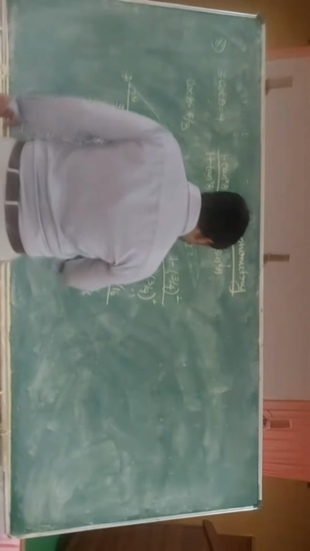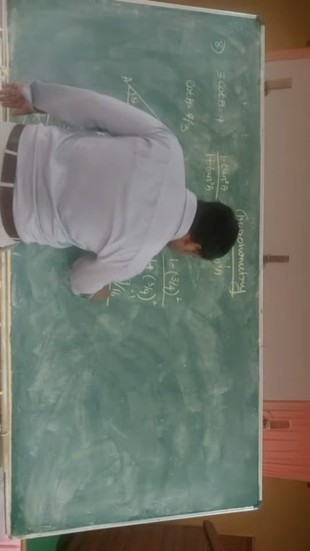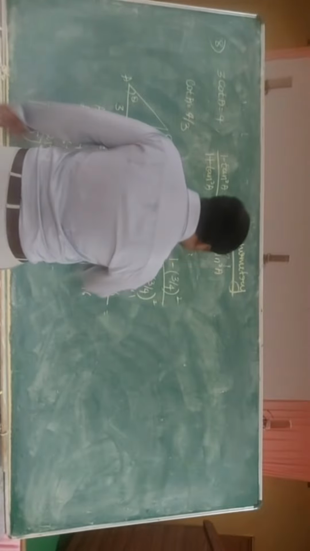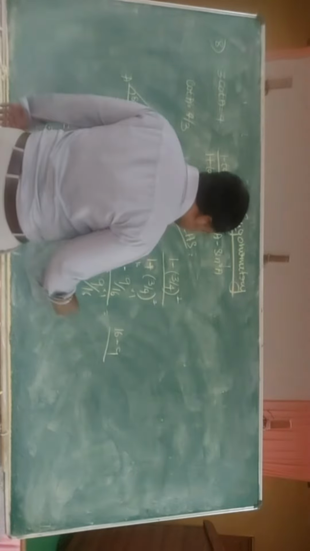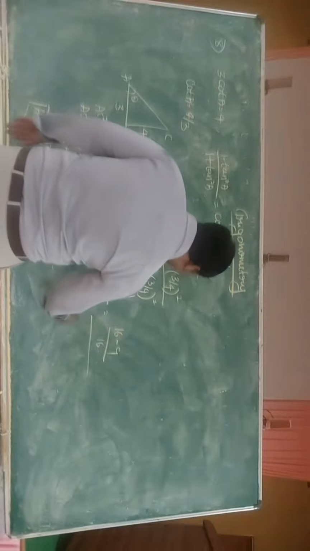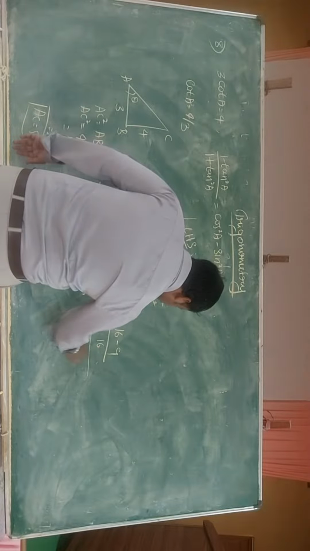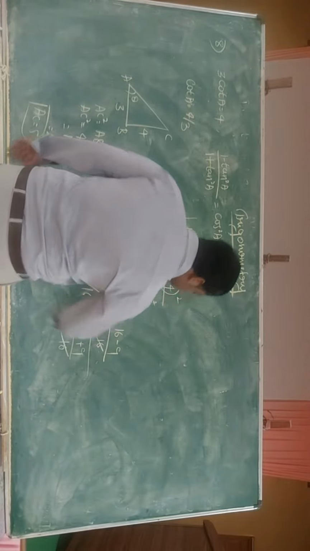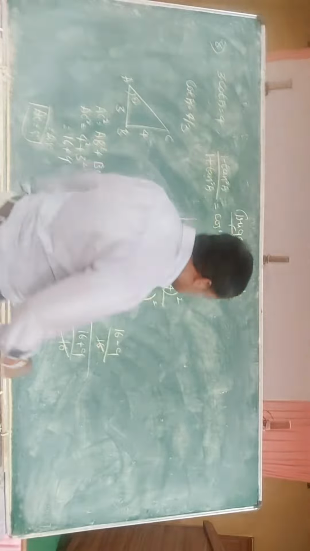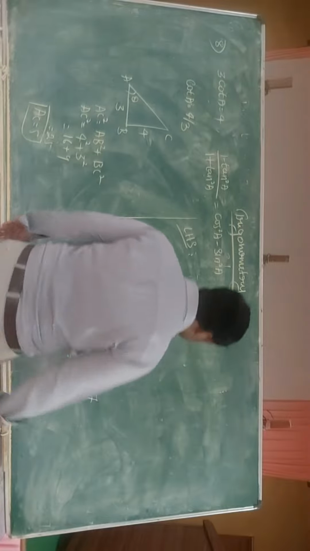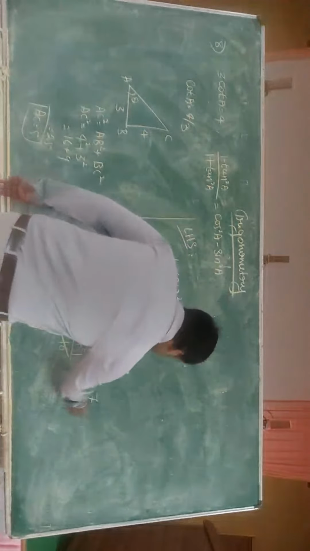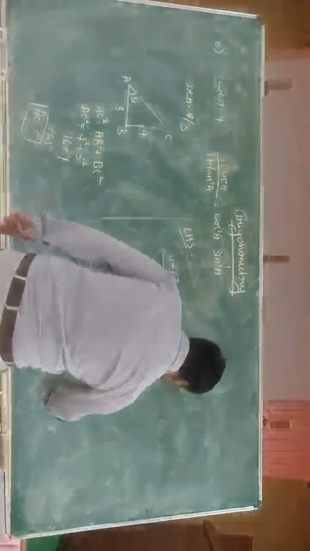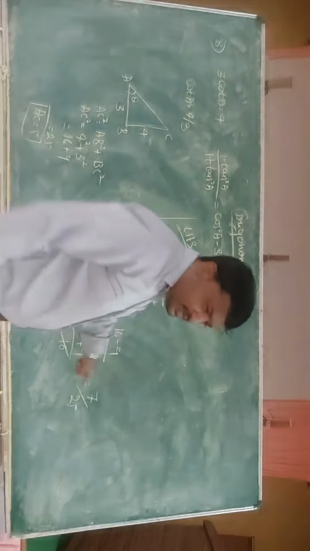So 16 minus 9 divided by 16, then whole divided by 16 plus 9 divided by 16. 16 gets cancelled. 16 minus 9 is 7, and 16 plus 9 is 25. So LHS side is 7 upon 25.